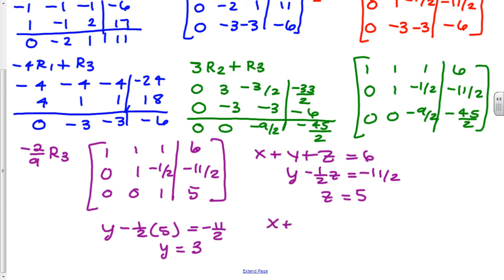So x plus y plus z equals 6. So I solve this for x, and we get x equals -2. So the solution to the system is -2, 3, and 5.